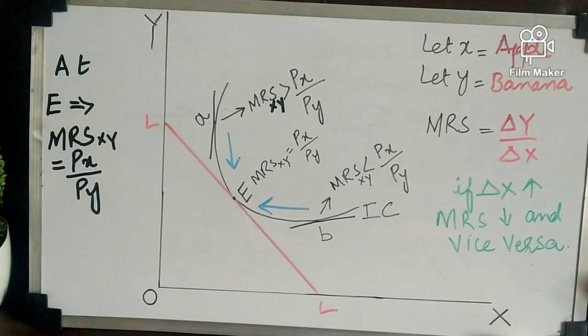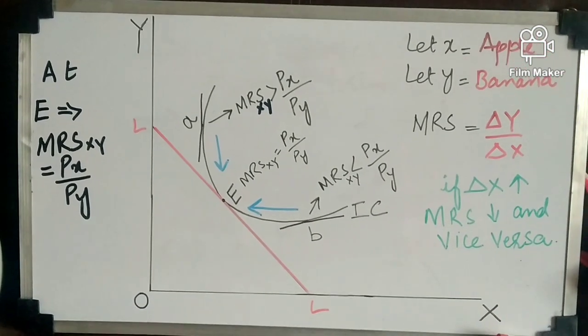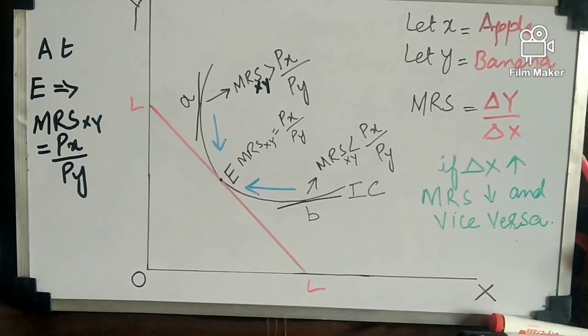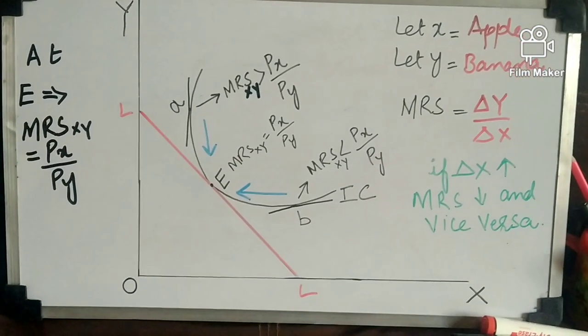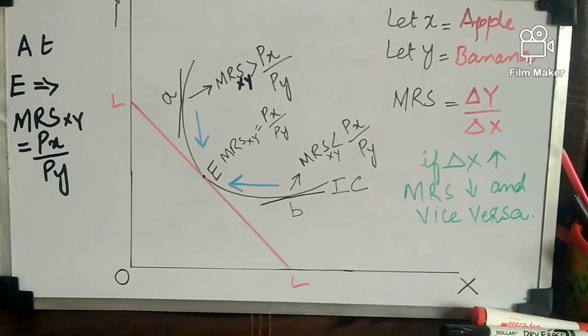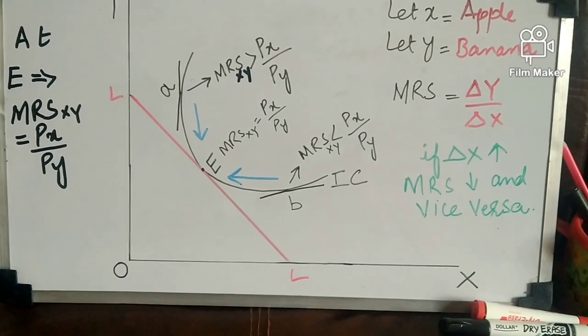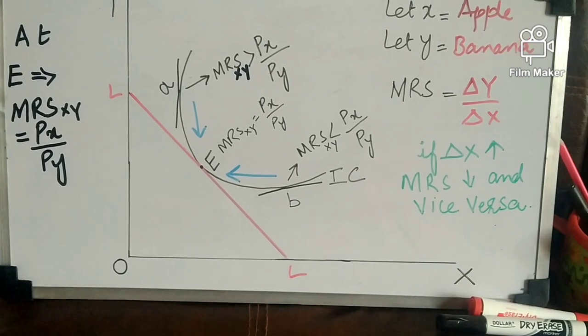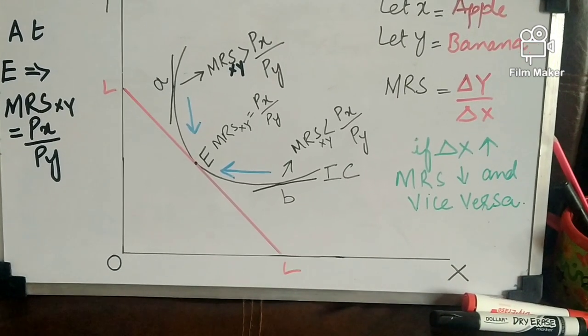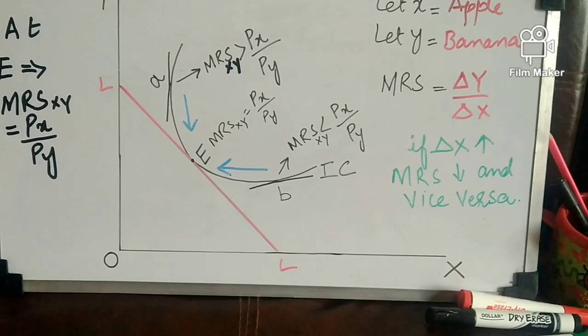Due to this, the fraction delta y over delta x will decrease, as I have written with the green marker: if delta x is increased, the marginal rate of substitution will decrease, and vice versa.